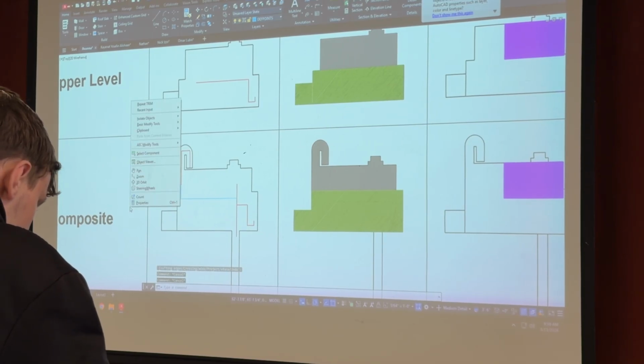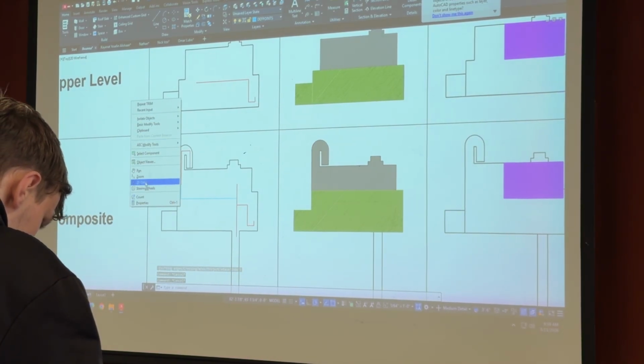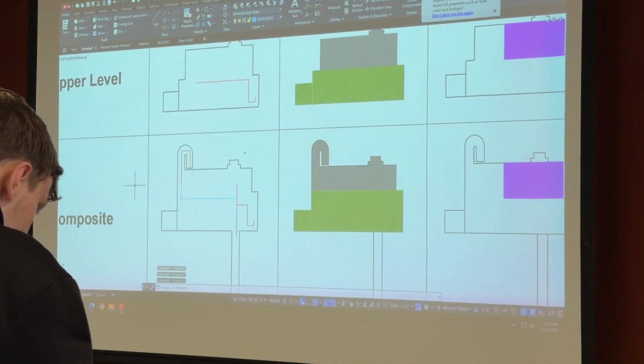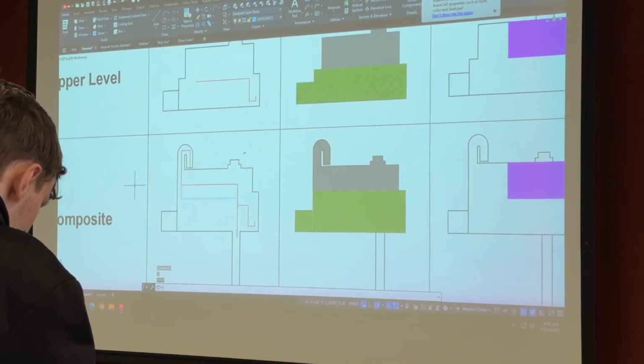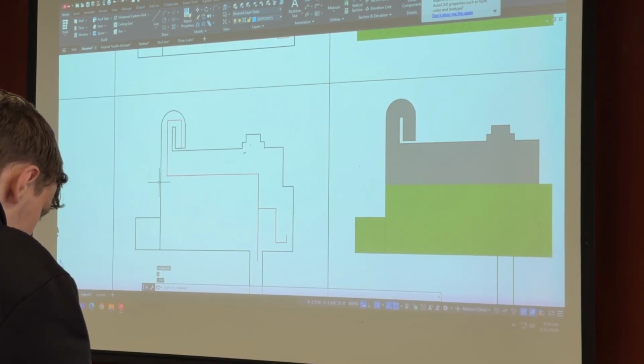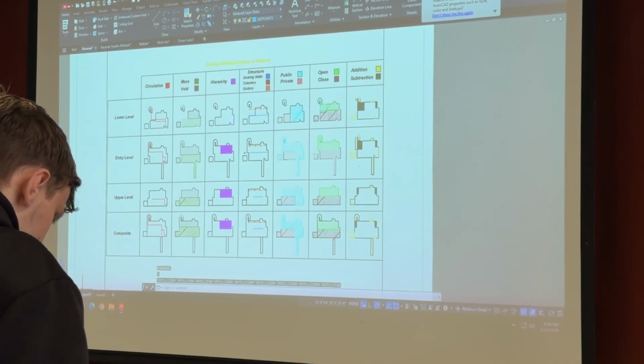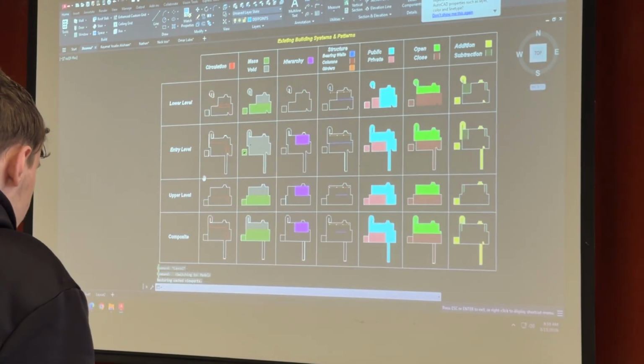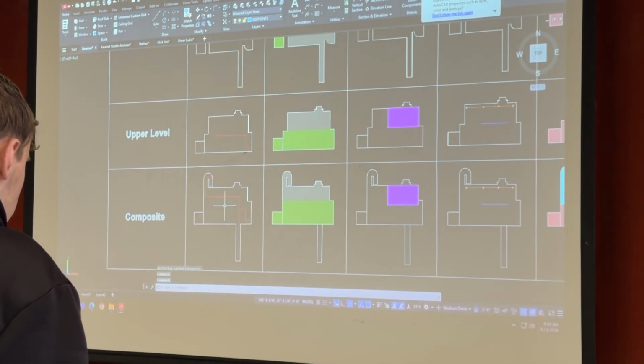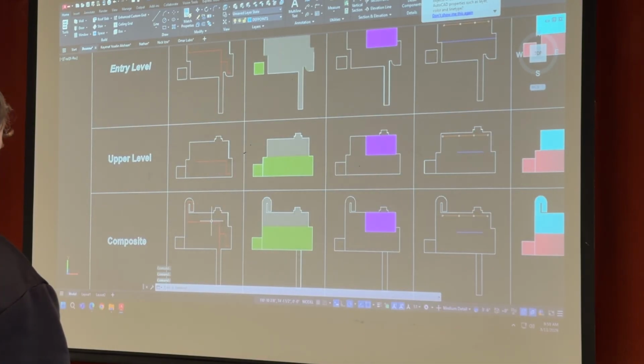Go back to paper. I should really just work on it in model space. So, just move the circulation spine.